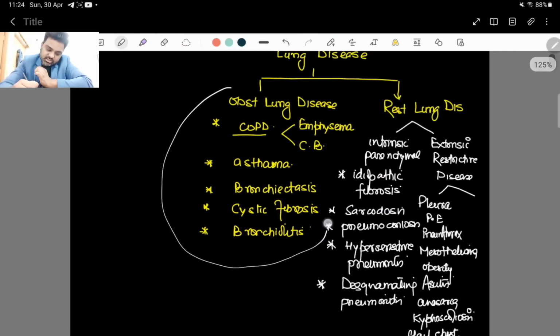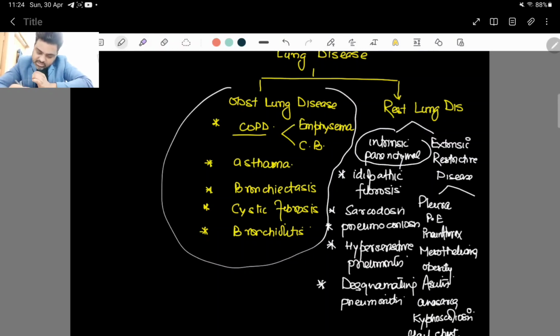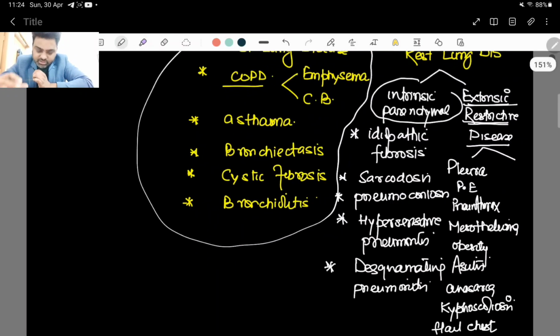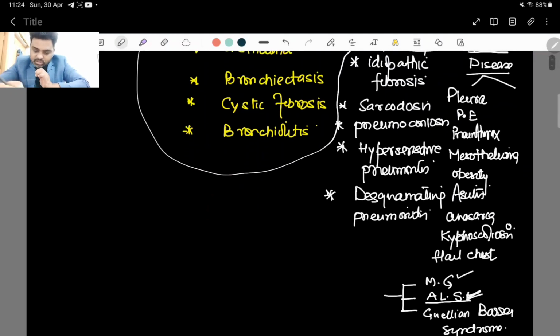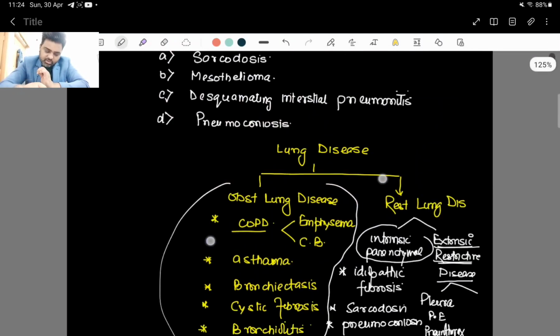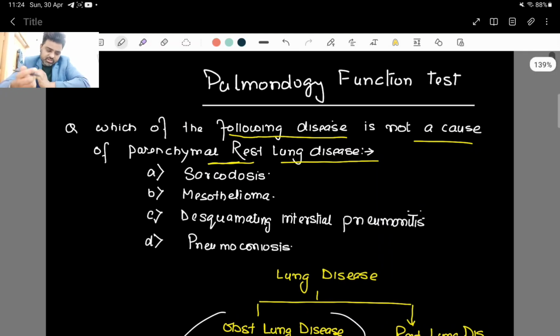Obstructive lung diseases, these are the diseases, and restrictive you will divide into intrinsic or parenchymal, these are the causes, and then extrinsic restrictive disease, that means extraparenchymal, these are the causes. Now coming to the question. The question says, which of the following diseases is not a cause of parenchymal restrictive lung disease?